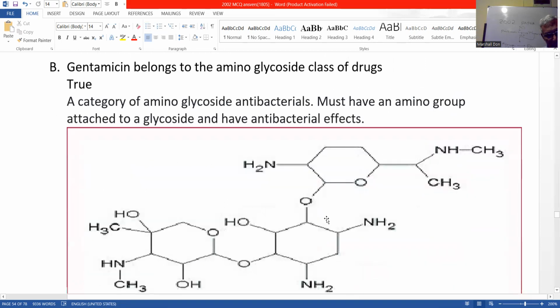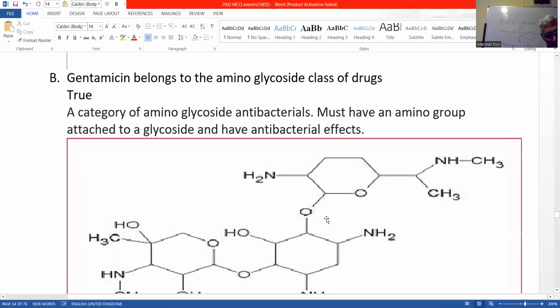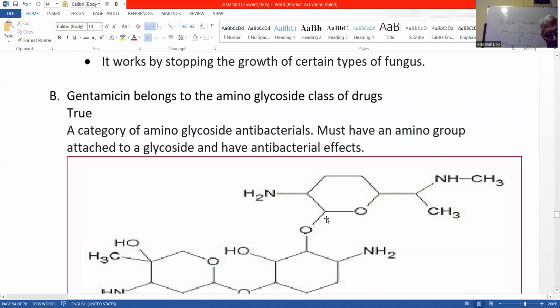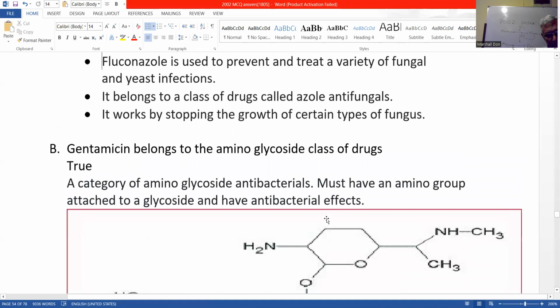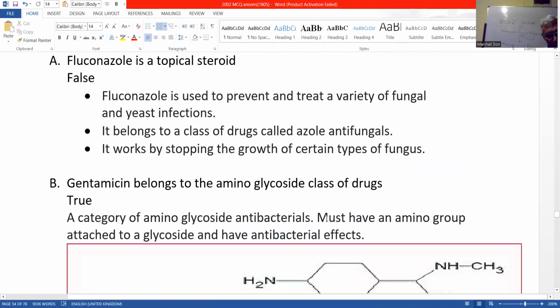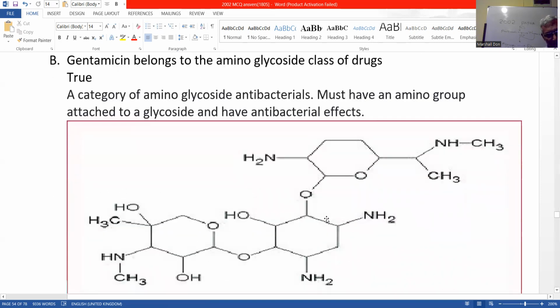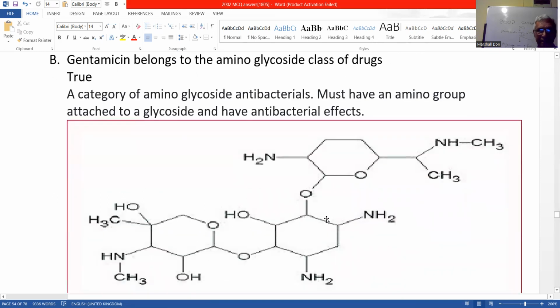It is an antifungal drug. Then B, gentamicin belongs to the aminoglycoside class of drugs.